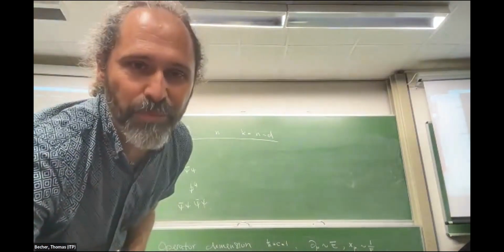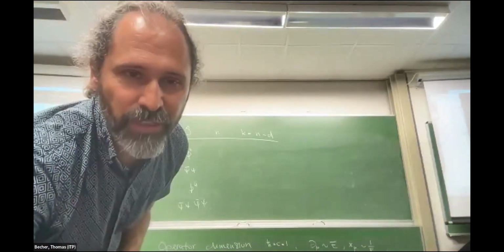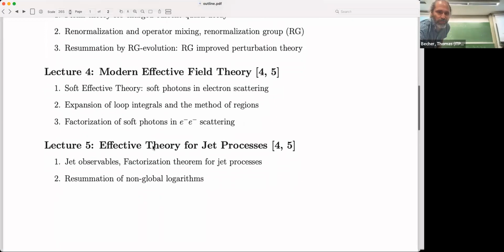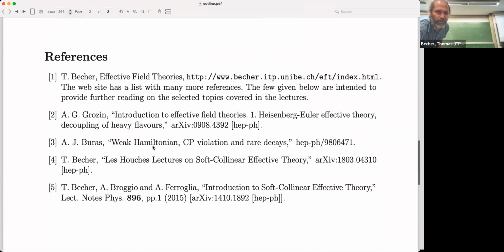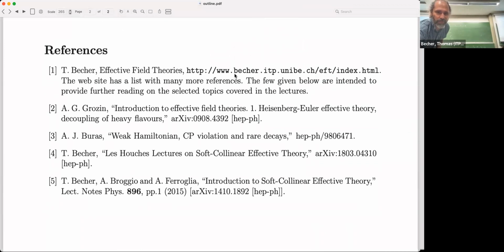One thing I remembered in the break is that I forgot to, in this outline, there are a few references at the end, in case you're interested. One is a website with a longer lecture on effective field theories. So this is a one semester course. There's also a script on this website, so there are more resources if you want. For this photonic thing, there's a very nice paper or summer school lecture by Grozin, which I will follow.